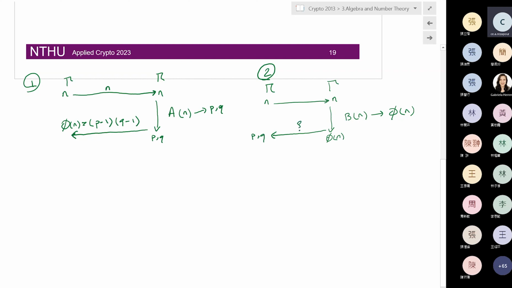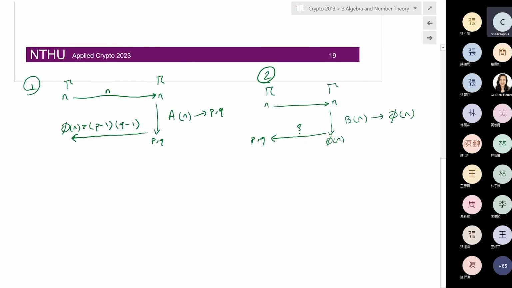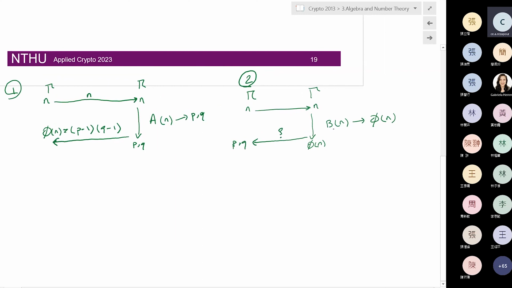Suppose given n, I can directly compute phi n. Can I use this phi n to factor n? That is something that we are going to discuss right up here.